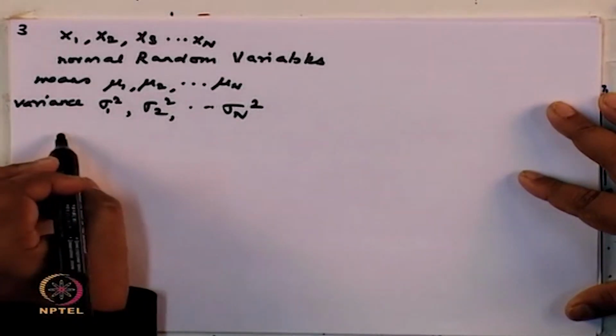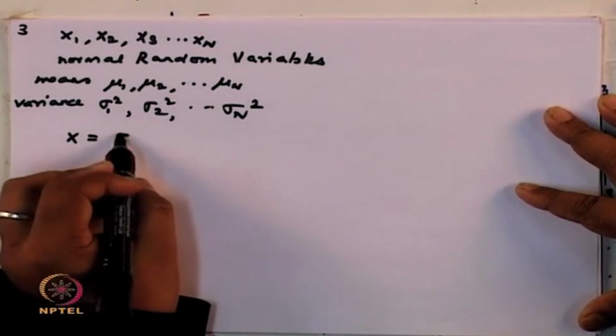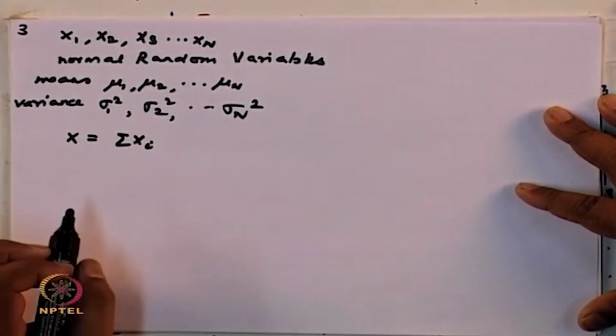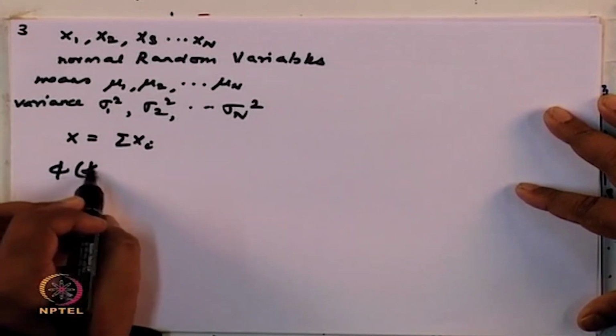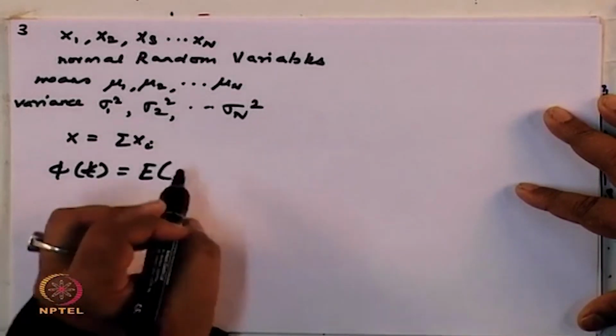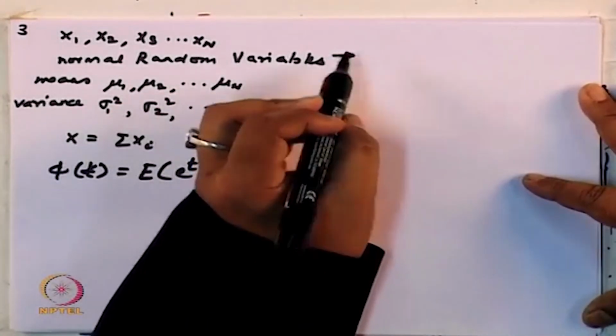Then let us say you have a variable x which you define as summation of xi. So, the moment generating function for this x will be phi of t is expectation of e to the power t x. Now, let us assume also that these random variables are independent.